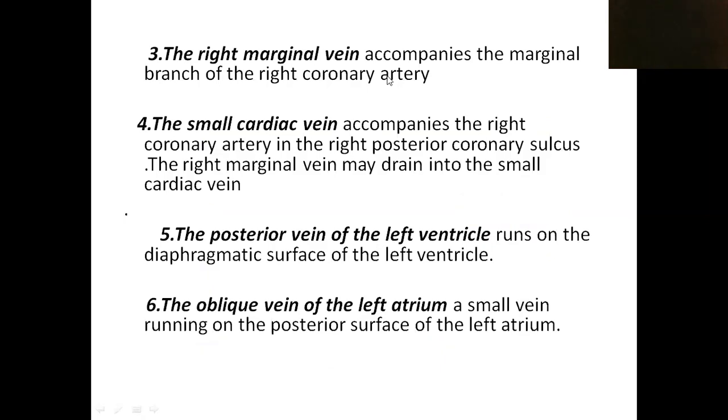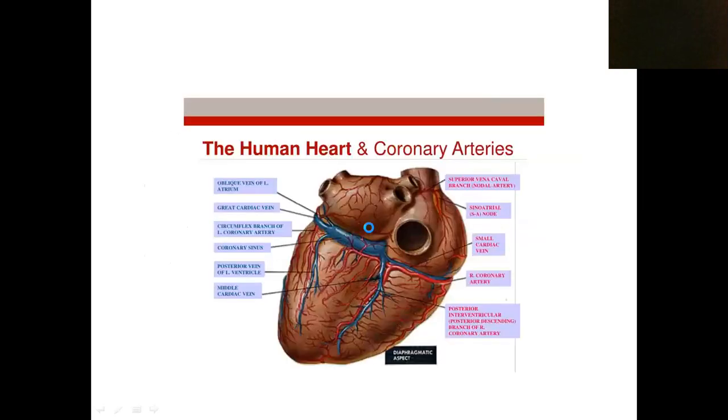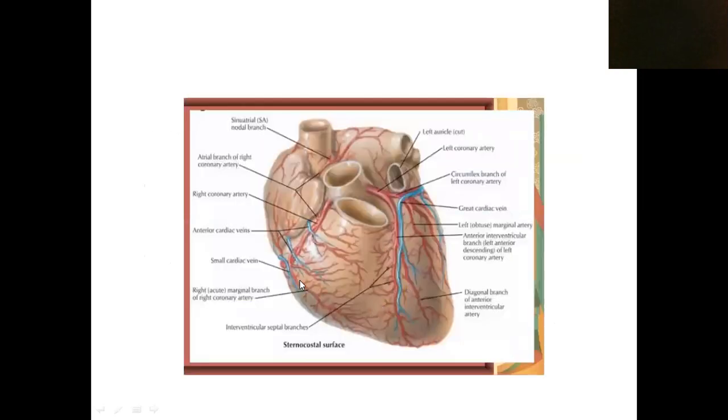The third one is the right marginal vein, which accompanies the marginal branch of the right coronary artery. This one is a marginal branch. Along with the marginal branch, we can see a vein.